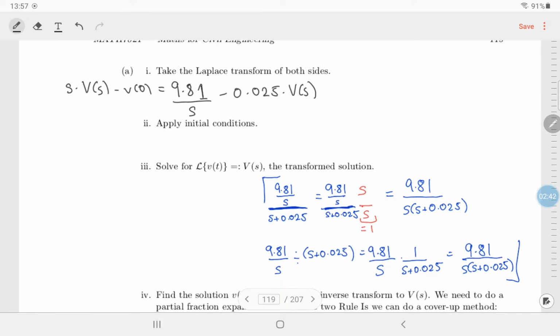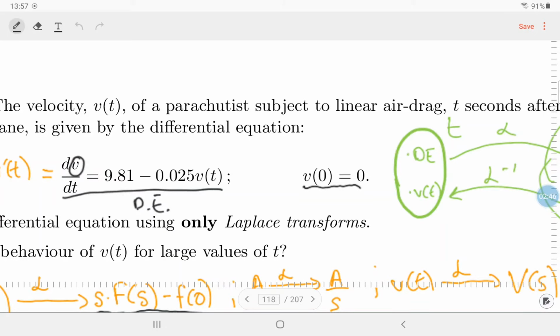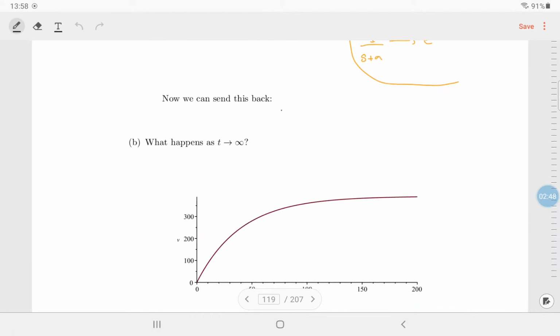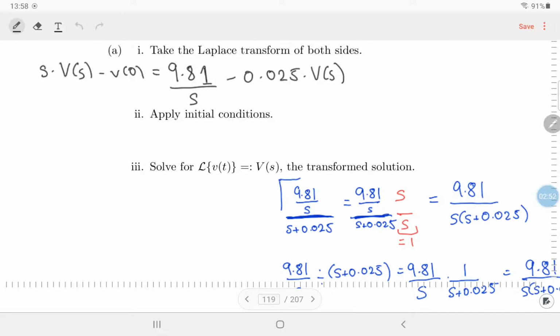Now we're going to apply the initial conditions, which are that the value of the velocity at time equal to 0 is 0. So little v of 0 is equal to 0. So we get s times big V of s minus 0 is equal to 9.81 divided by s minus 0.025 times big V of s.